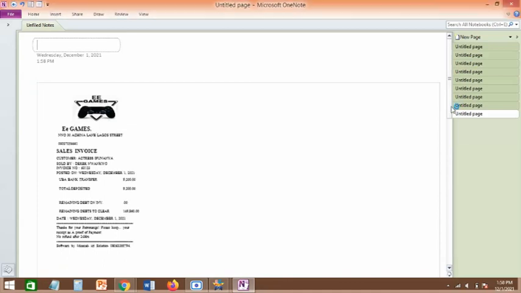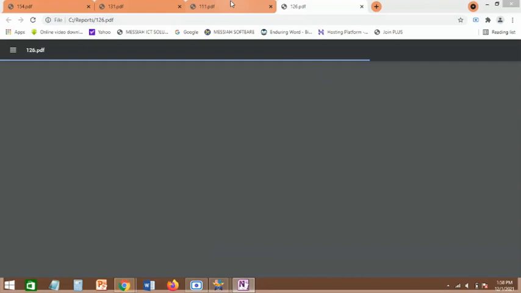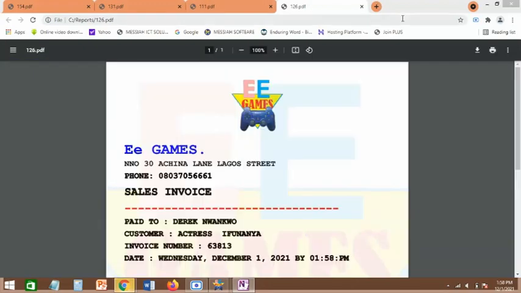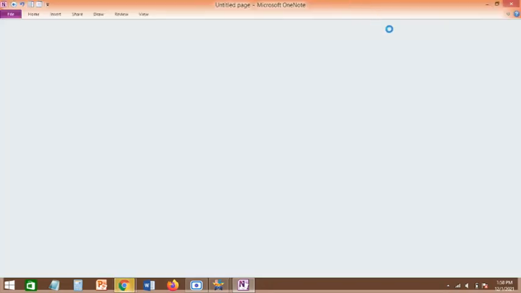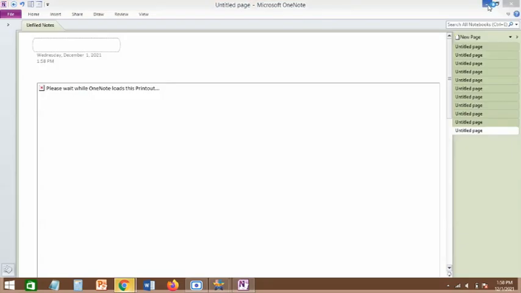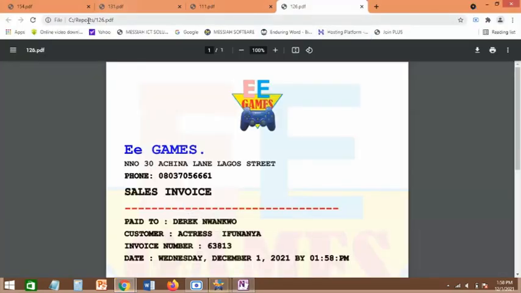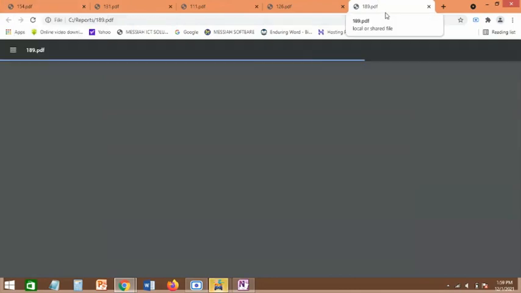The first one, the second one, it is generating invoices for different payments, for different transactions, to make sure that it covers the 50,000.